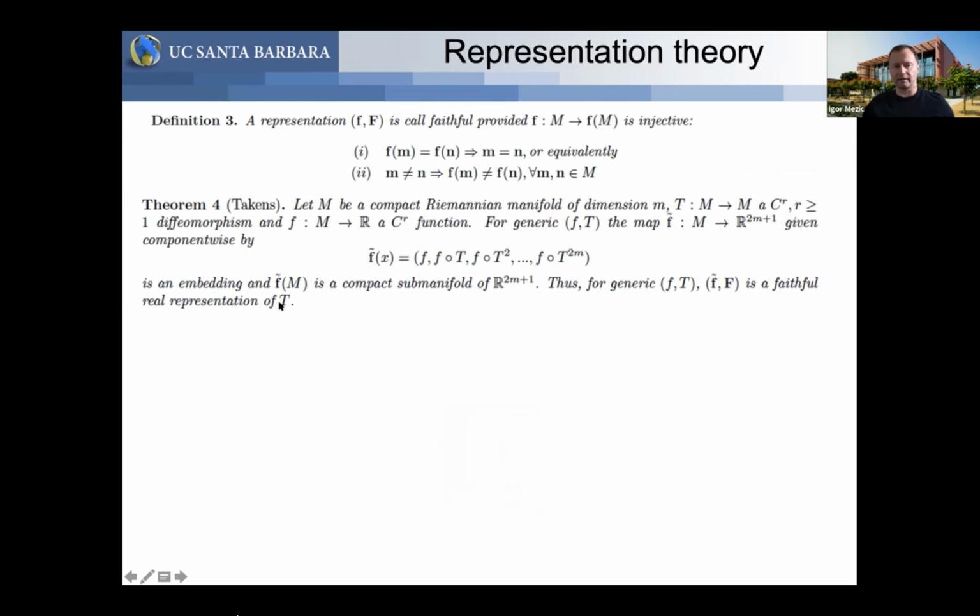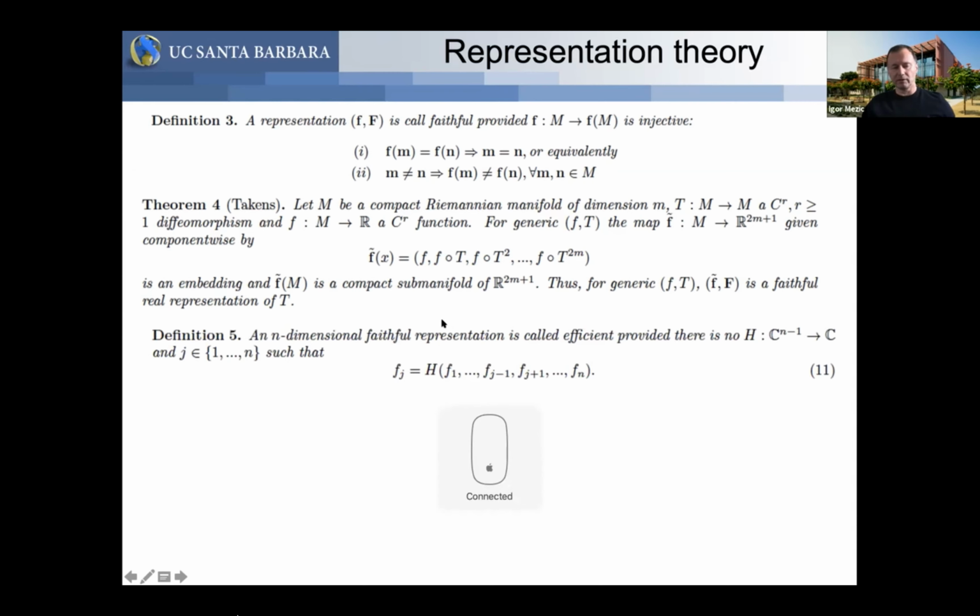So Takens, and Sauer as well, on the same side, have been working with the real representations. So we go a little bit further and say an n-dimensional faithful, remember that means injective, representation is called efficient, provided there is no capital H such that one of the functions fj in the representation can be obtained as a functional relationship with all the other functions.